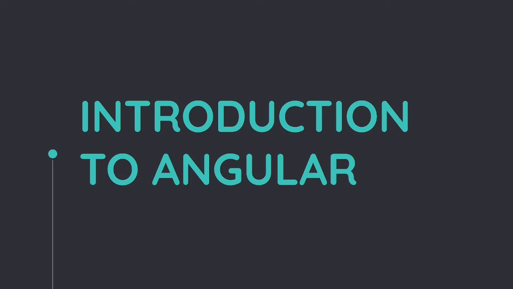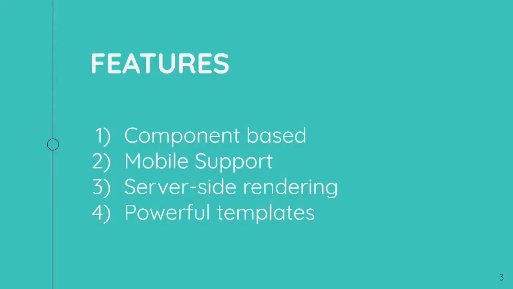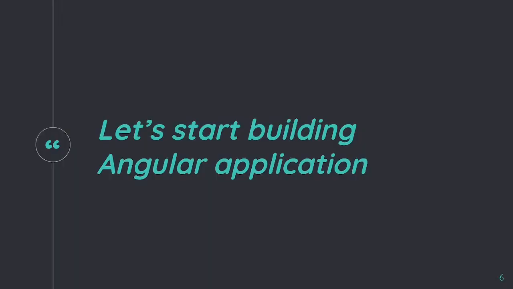To summarize what we saw in this tutorial: first we saw what Angular is, then the pros, cons, and features, and then all these commands to get started with an Angular application and install Angular CLI. This was all about this video.